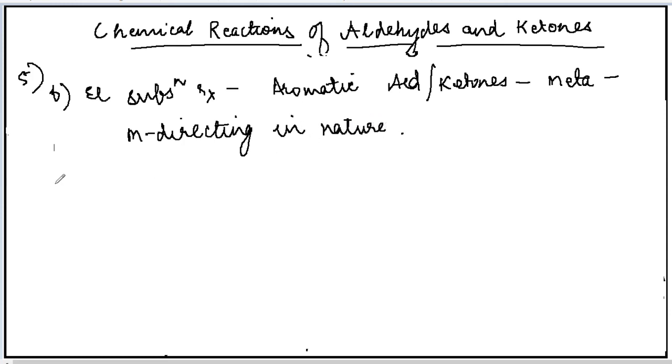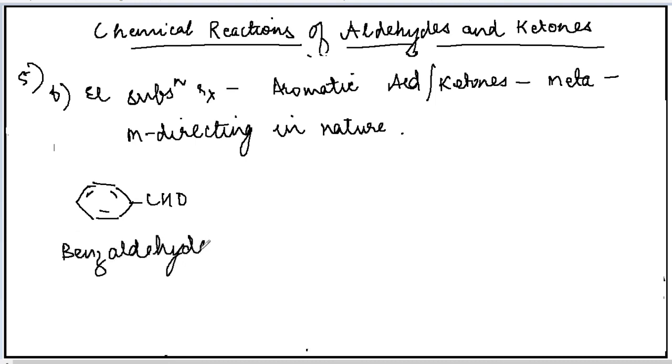Just look at the reaction here. I have taken the aromatic aldehyde. This aromatic aldehyde is benzaldehyde. The aromatic aldehyde undergoes reaction in the presence of nitric acid and sulfuric acid at a temperature range of 273 to 278 Kelvin.